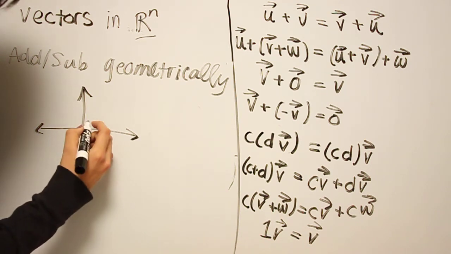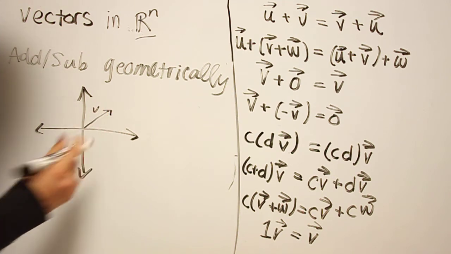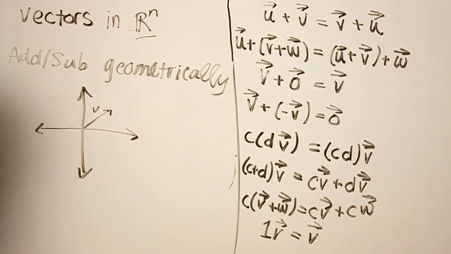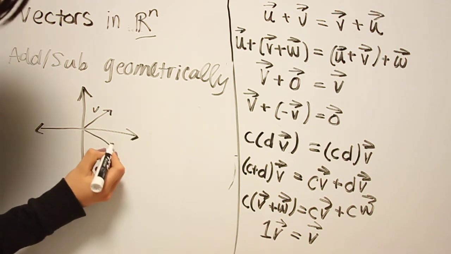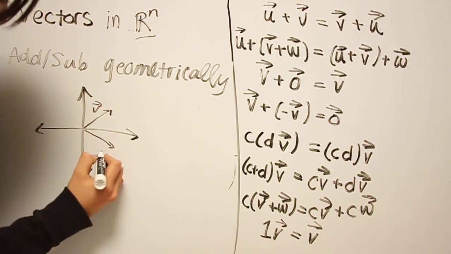So let's say we have this vector v here, and then say this vector u here.